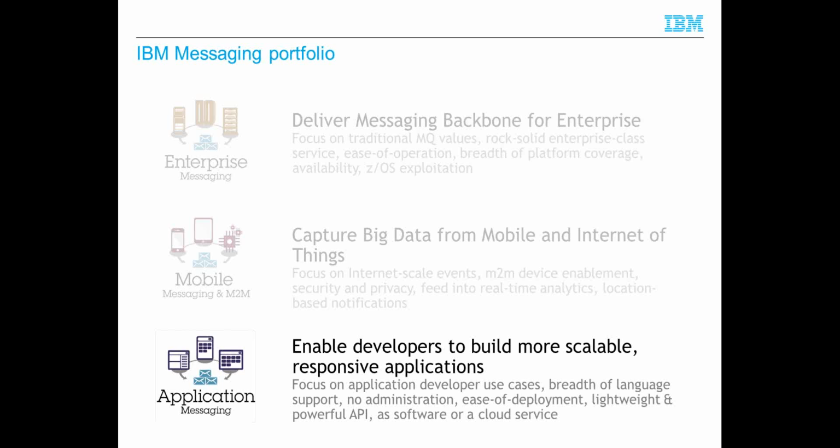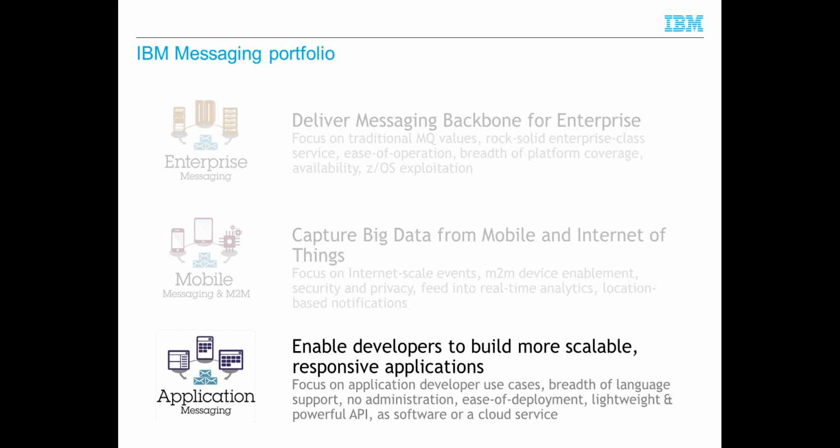But where MQ Light fits, and what I'm here to talk to you about today, is within an area of our portfolio that we call application messaging. And what this is all about is less about an entire enterprise and connecting large, big systems together, but more focusing on the needs of developers, of people who are writing applications, and what it is that they need in order to improve their applications, make them easier to scale, make them responsive, or keep them responsive even under load.